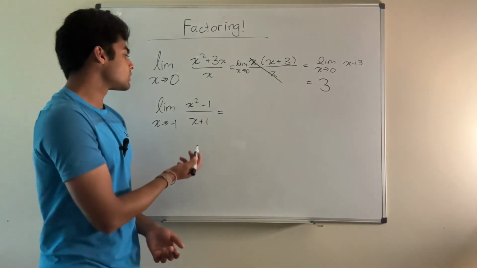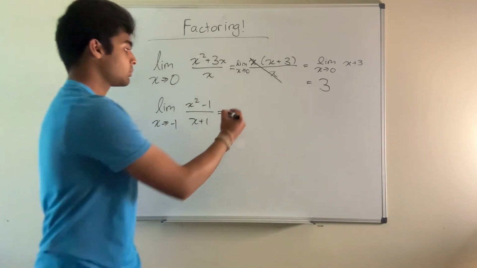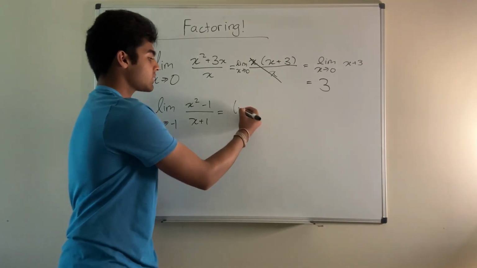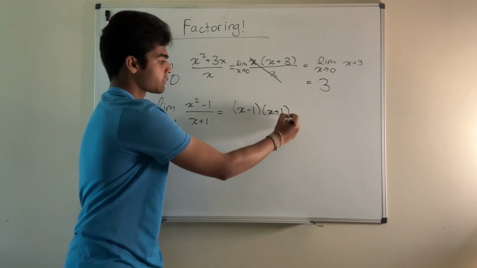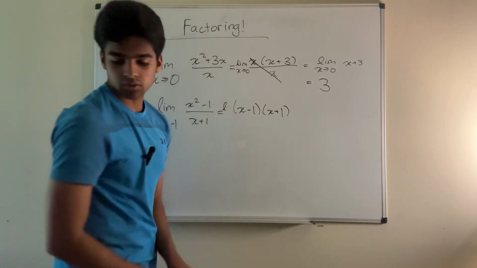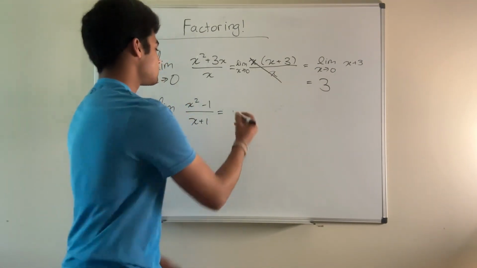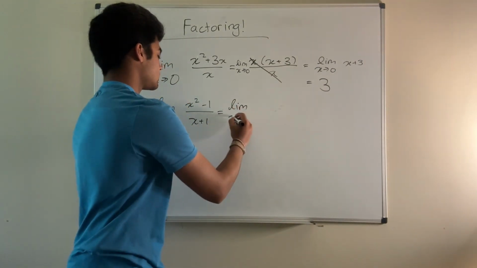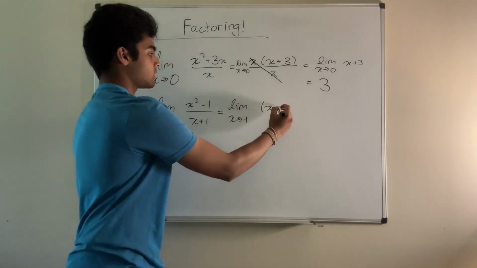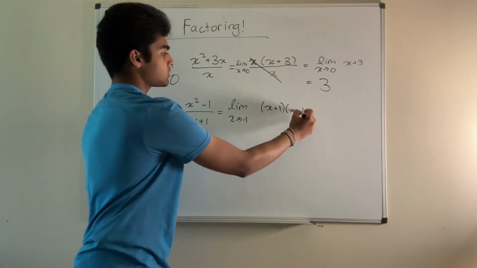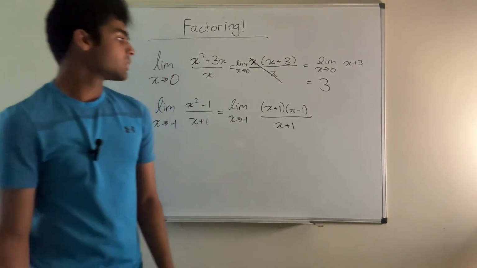Now, for the second one, we can factor out the top. We know x squared minus 1 we can factor to x minus 1 times x plus 1. Oh, and the limit. Here, I'll just erase this. The limit as x approaches -1 of x plus 1 times x minus 1 over x plus 1.